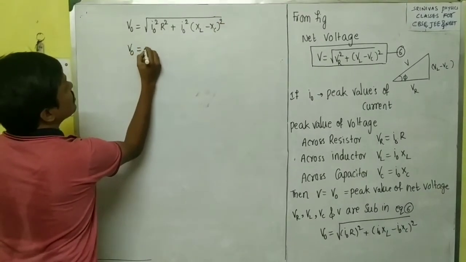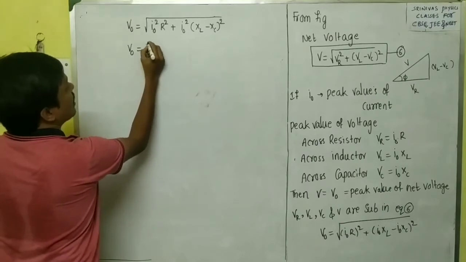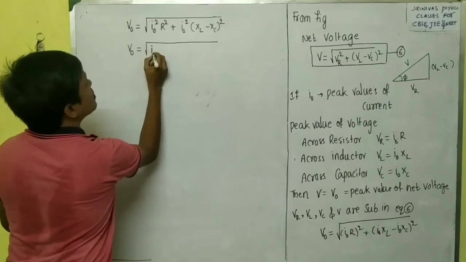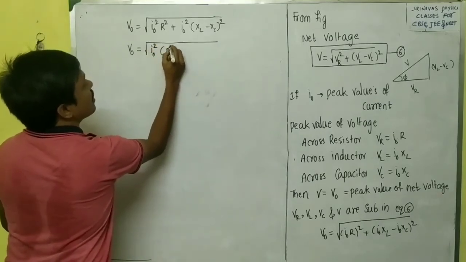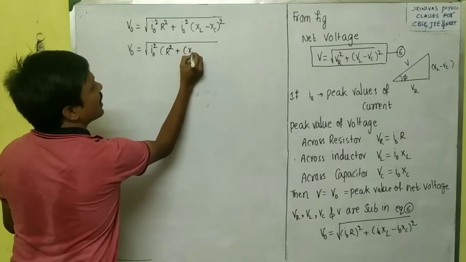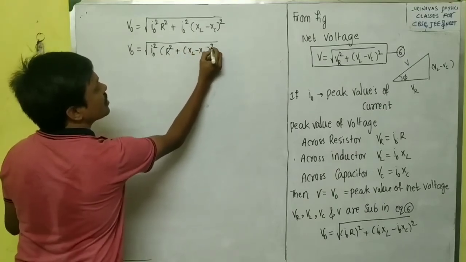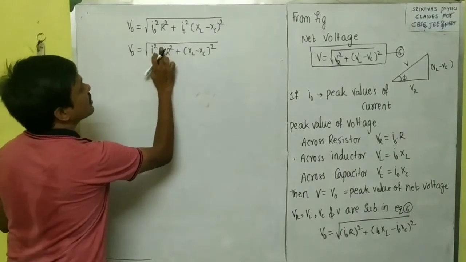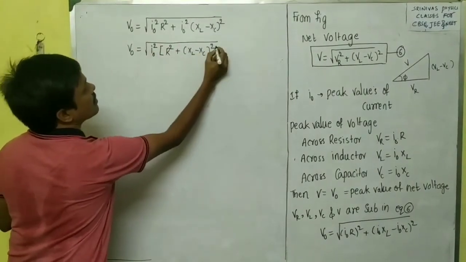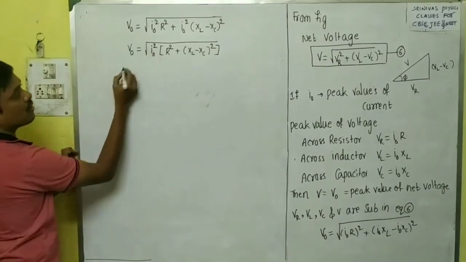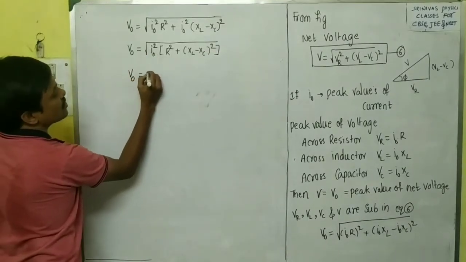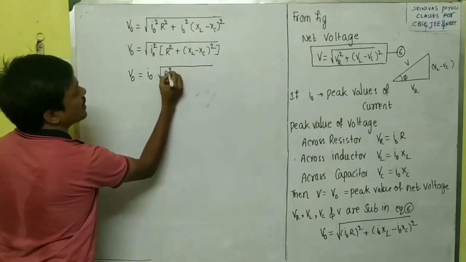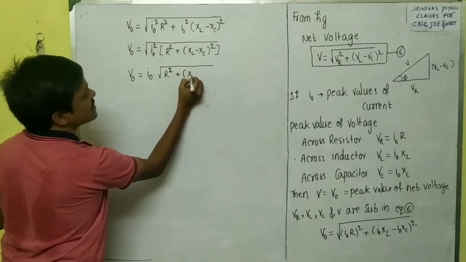Then V naught is equal to I naught square into R square plus XL minus XC whole square. The I naught square becomes a root and cancels, then we get V naught is equal to I naught into the square root of R square plus XL minus XC whole square.